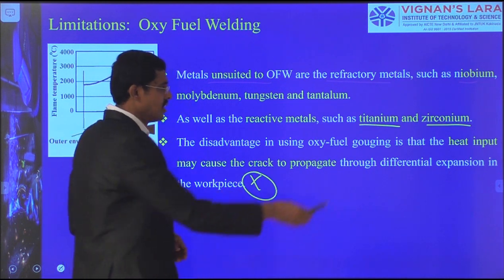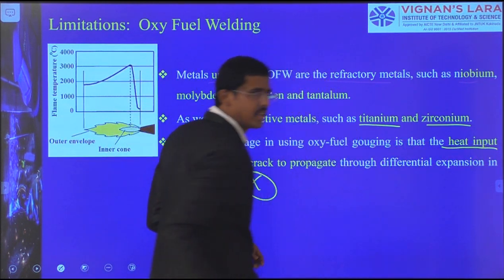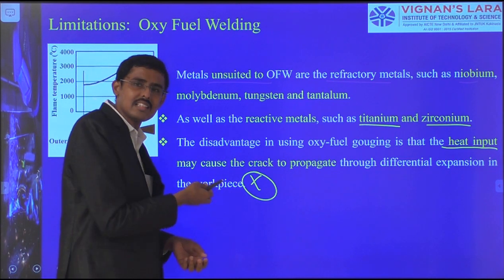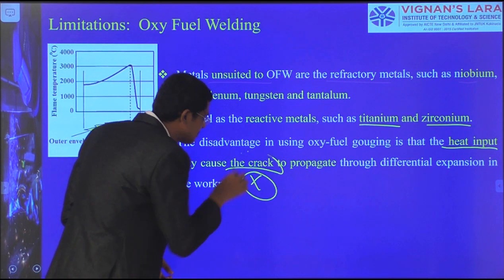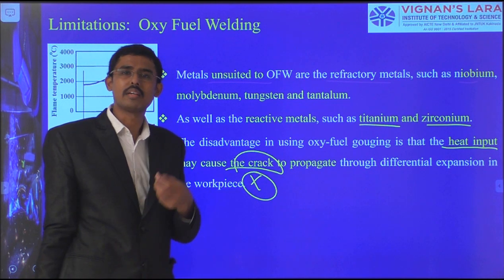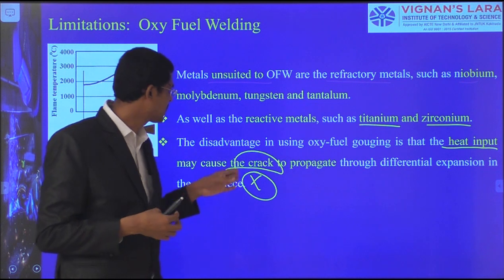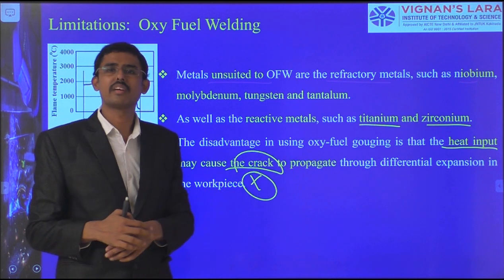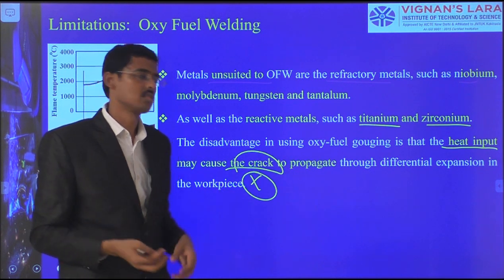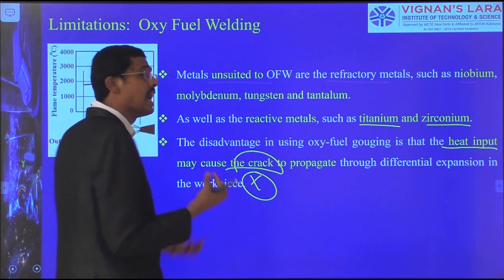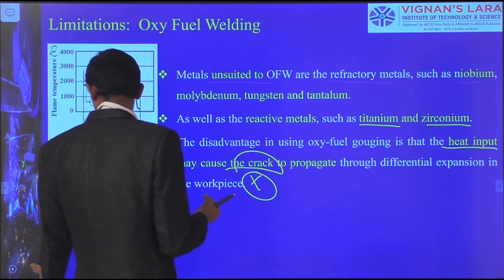What it means, due to this heat input availability, due to this chemical reactions, heat formations, there is a chance of making the crack in the weld metals. So rapid heating, rapid cooling process, so that causes the propagation of crack in the specimens. So that is also not recommended. Not recommended means that have some limitations. High heat should not be provided.